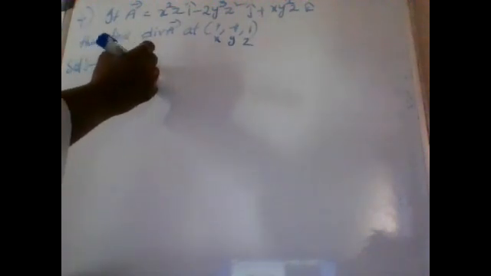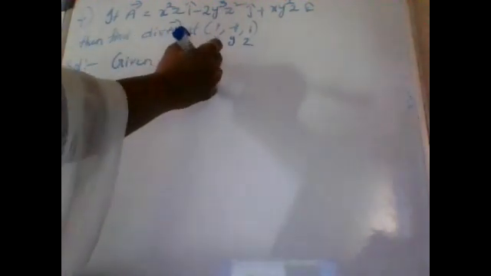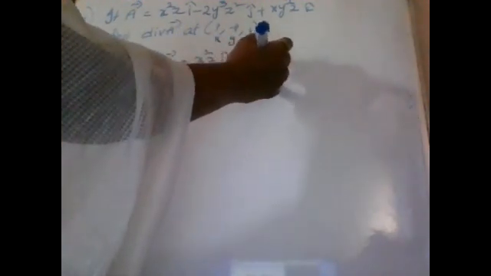In the solution, we have to find the divergence of A at the point (1, -1, 1). So x is 1, y is -1, z is 1. The given vector A bar equals x²z i minus 2y³z² j plus xy²z k.